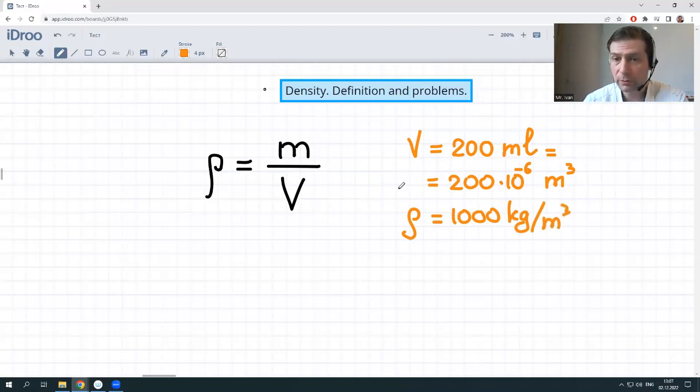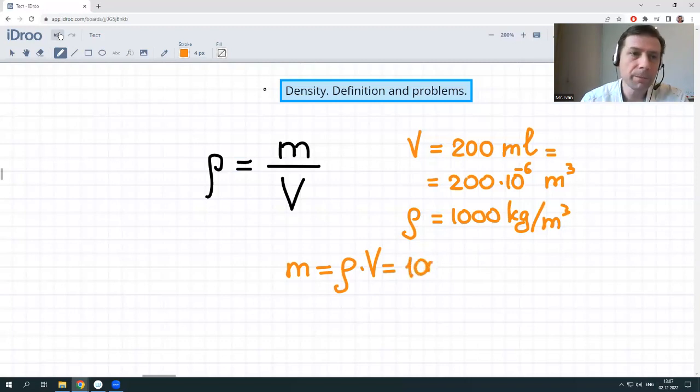Let's substitute those measures and calculate. The mass of the glass of water would be rho, density, times volume. Rho is 1,000, let me write it as 10 to the 3rd power, times 200 times 10 to the negative 6th. I will not put the units here.